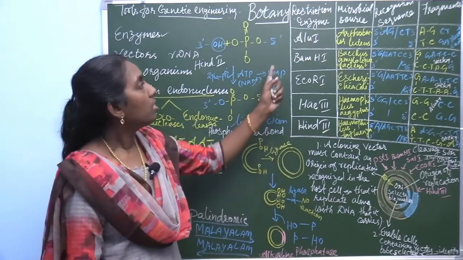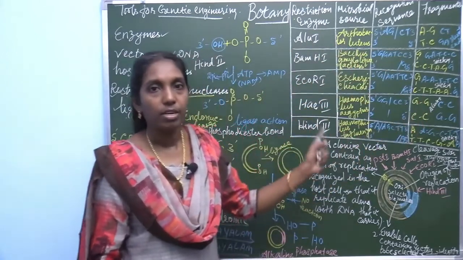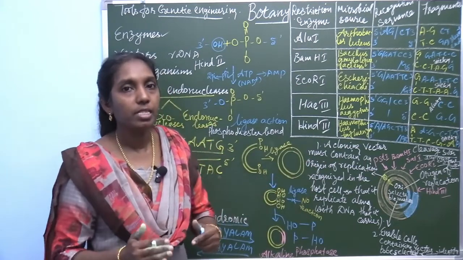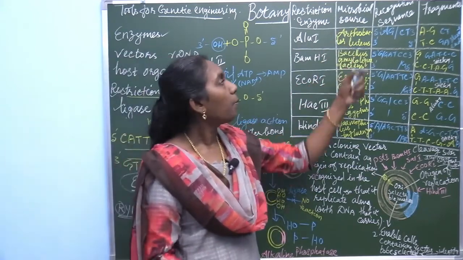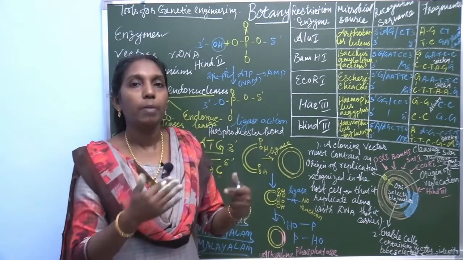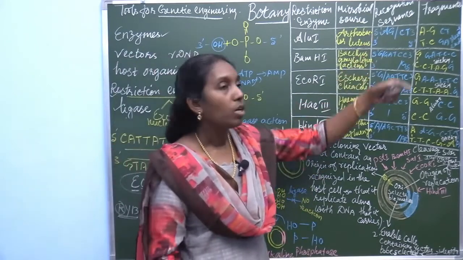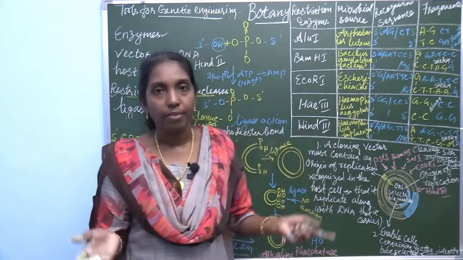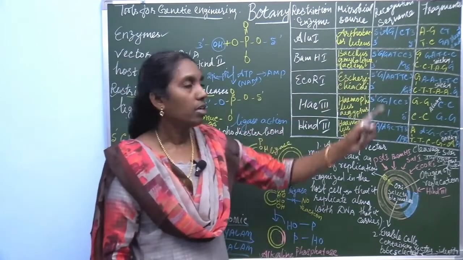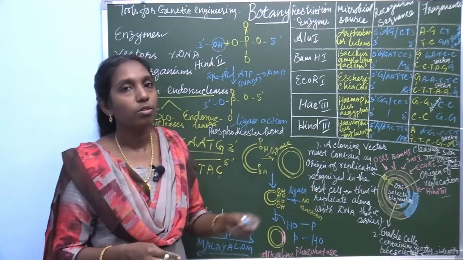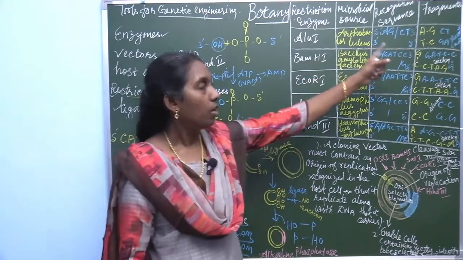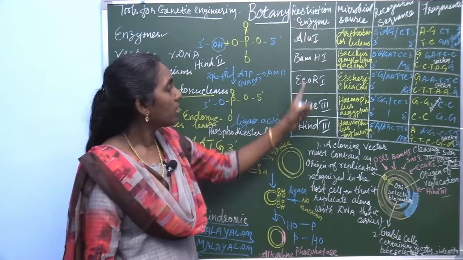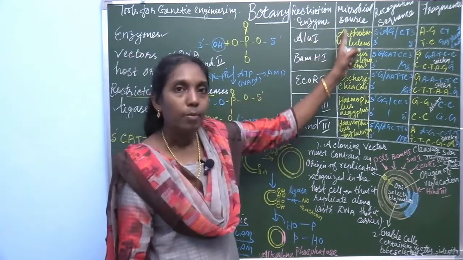This table, given in your book, shows the name of the restriction enzyme, the microbial source, the recognition site, and the fragments. From this table you may expect some one-word questions, so you have to prepare this. First learn these types and the microbial sources.